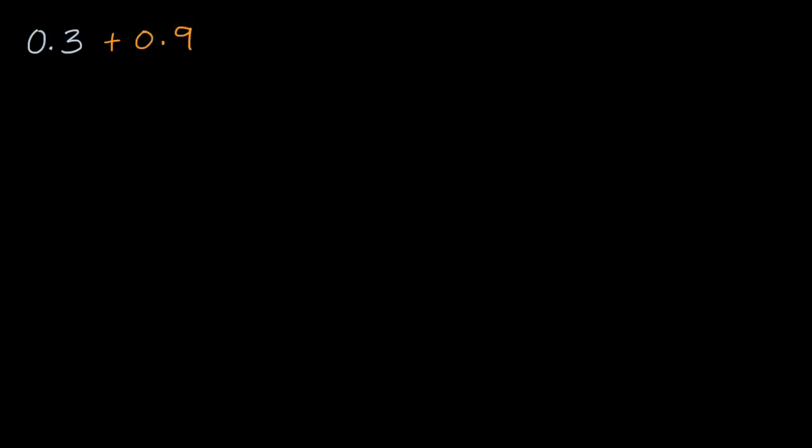Well, you could use the same idea. If this is 3/10, plus 9/10. If I have 3 of something, and if I add 9 of them, that's going to be 12. 3 plus 9 is 12. So we could say this is going to be equal to 12/10. Now, this one might be a little bit counterintuitive. 12/10, what does that mean?